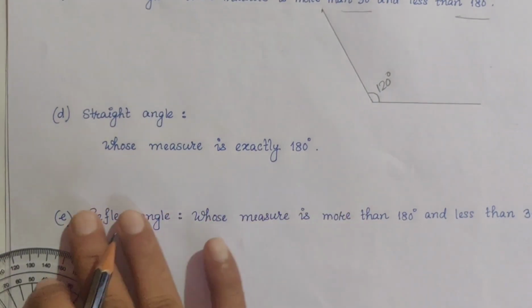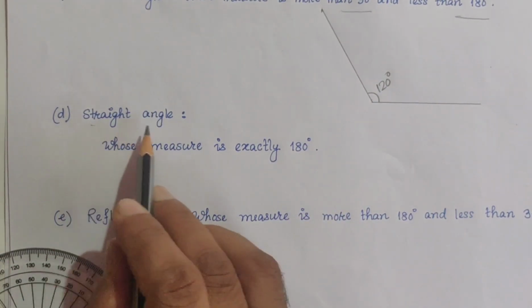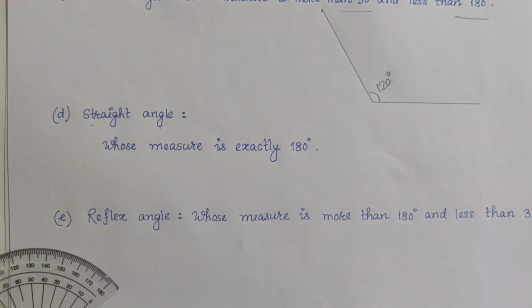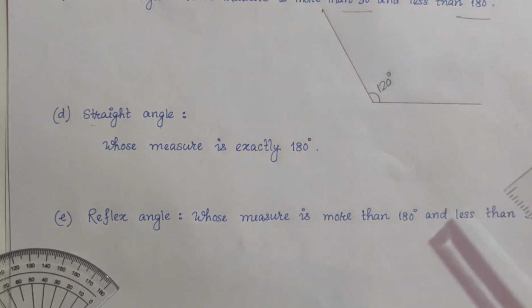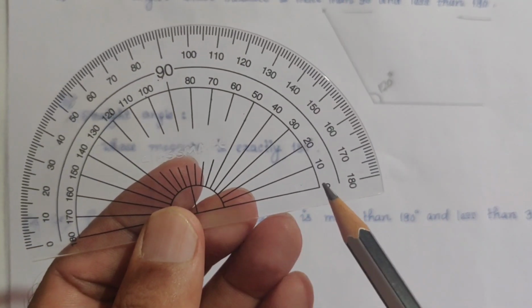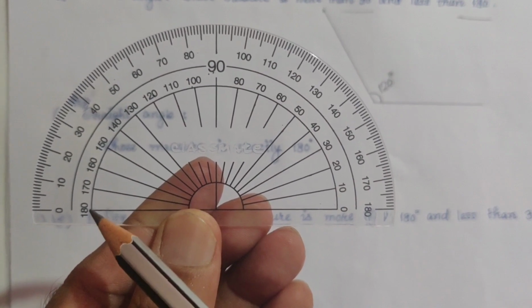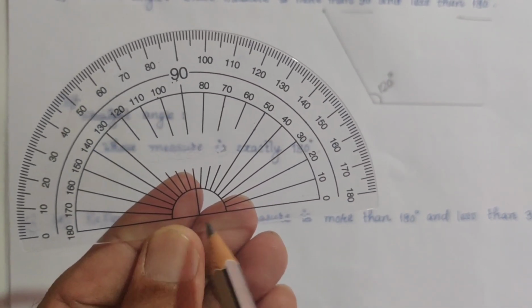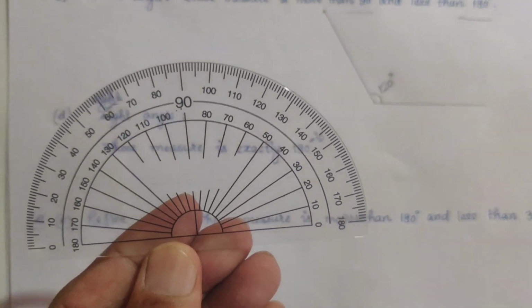Now let us see what is a straight angle. The angle whose measurement is exactly 180 degree is called a straight angle. Now how can we draw a straight angle? Here you see in the protractor, this is the 0 degree mark and on the opposite side is the 180 degree mark. So this angle from 0 to 180 degree is called a straight angle.